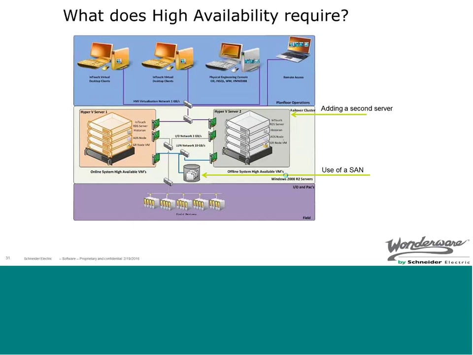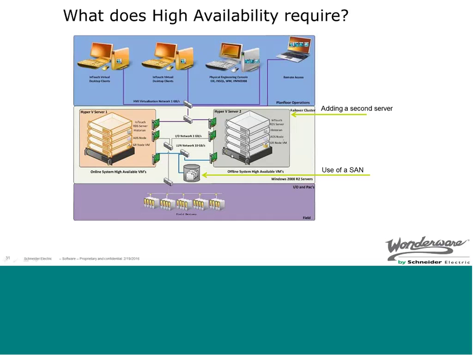So high availability requires a second physical server. Now we've got 2 physical servers, right? It's still less than the 7 we had previously. So we've got our 7 operating systems running on each server. And if one physical server goes down, they can continue to run on a backup server. The way that's able to happen is with that SAN I mentioned earlier, that storage area network.